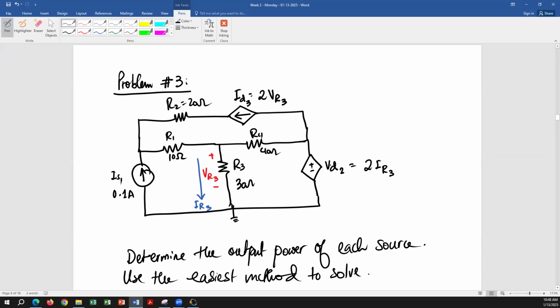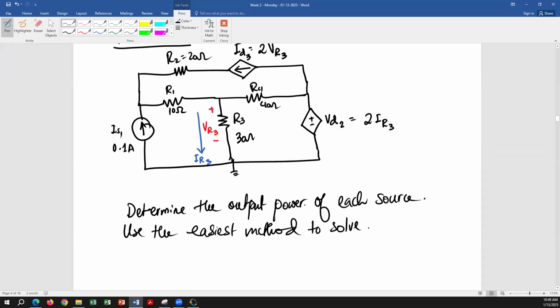Of course, this is a dependent source, so once we solve for IR3, we can find the value of this dependent source. But in the meantime, we can just use this node voltage to be VD2, that is 2 times IR3. We don't have to write the KCL equation at that node because the node voltage is VD2, whether it is a dependent or independent source. So nodal analysis gives you two equations, mesh analysis gives you one equation.